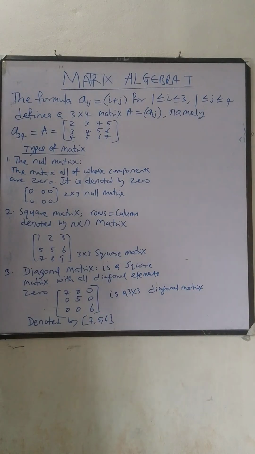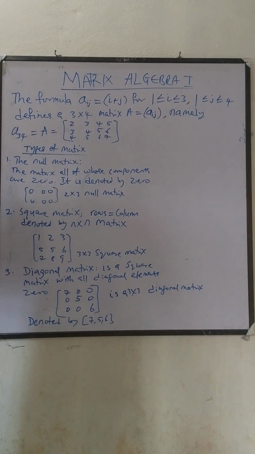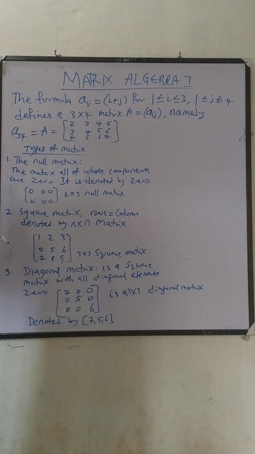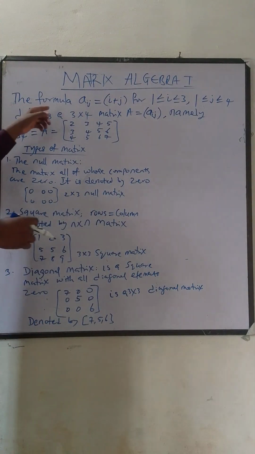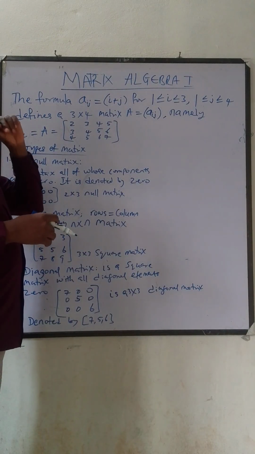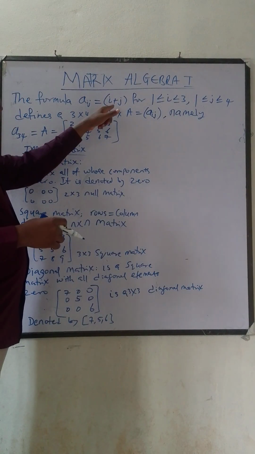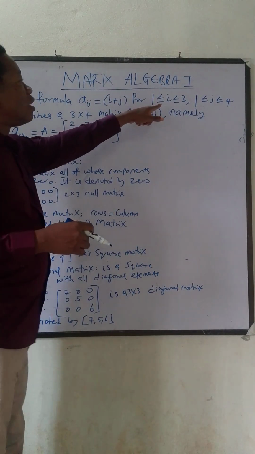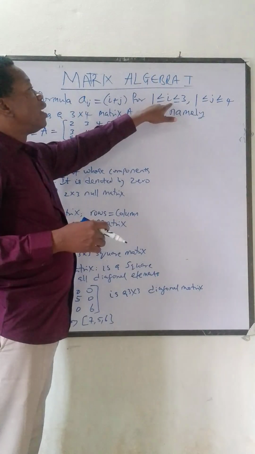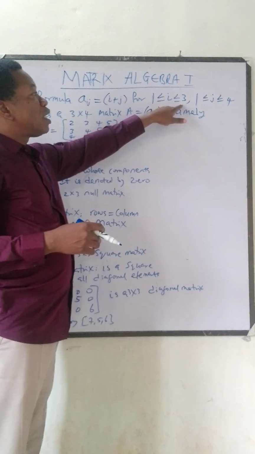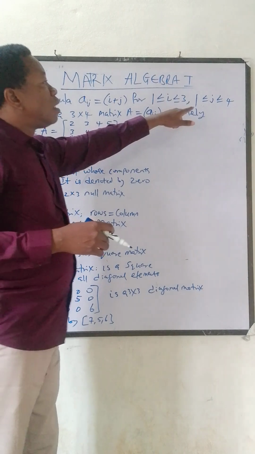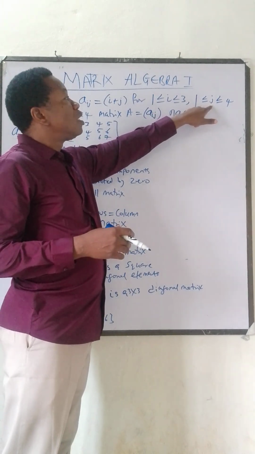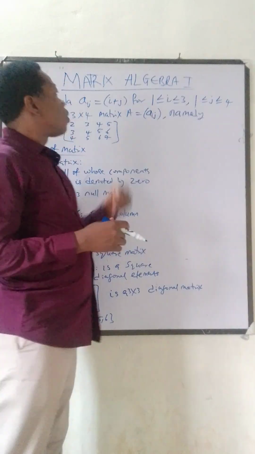So this matrix algebra one. Some of you may have an idea of matrices already. Now, the formula Aij equals A plus I plus J for 1 less than or equal to I less than or equal to 3, and then 1 less than or equal to J less than or equal to 4.